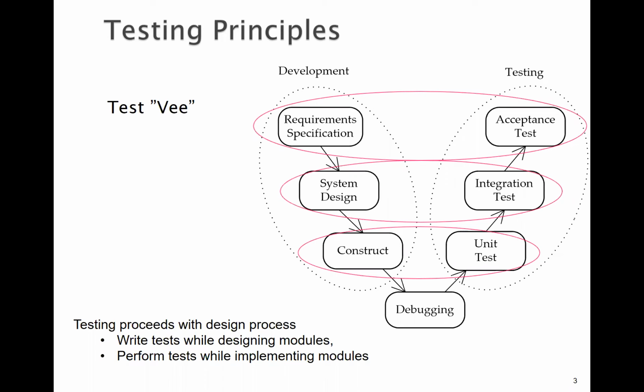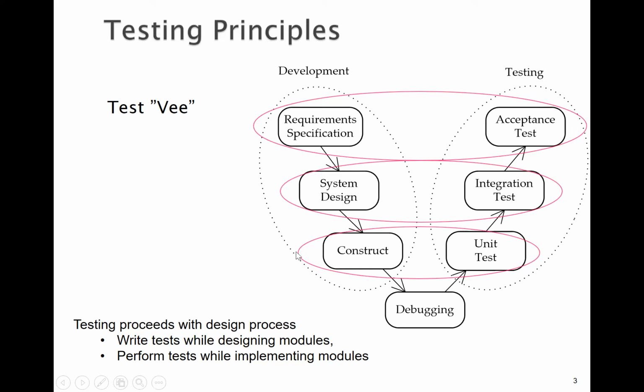Here in test V, you can see on the left-hand side the development phase, and on the right-hand side the testing phase. And each stage in the development phase corresponds to a testing stage on the right-hand side.